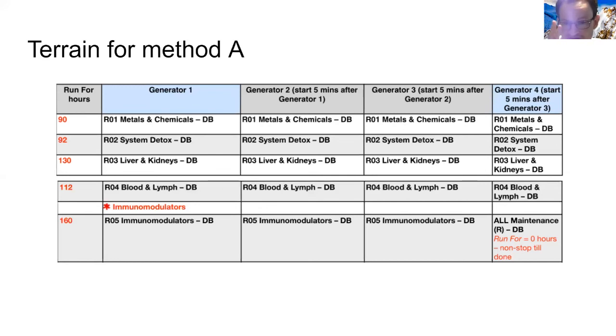That's for only 2 generators. If you're running all 4, you're doing as it says. You're running generator 1, then generator 2 starts 5 minutes after generator 1, generator 3 starts 5 minutes after generator 2, and generator 4 starts 5 minutes after generator 3. Again, use your clock. Okay?